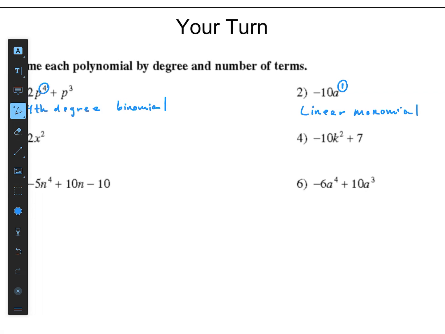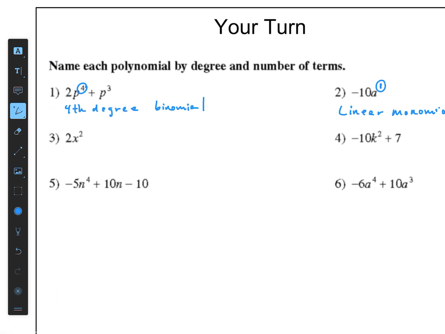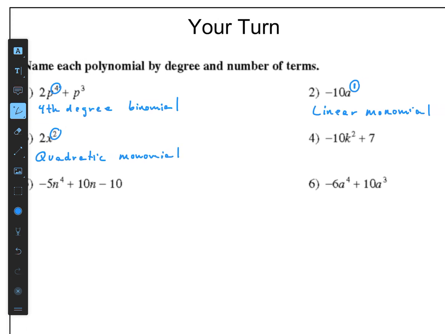Always refer back to that table that you have. Next one, we have a degree of 2, so this is a quadratic monomial. Here we have a degree of 2, so it's quadratic again. Binomial, because there's two terms.